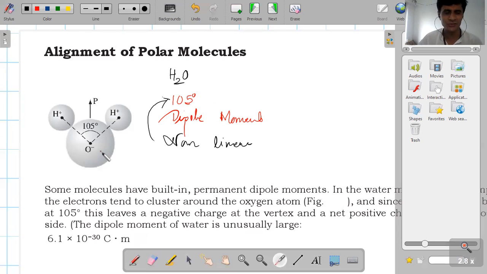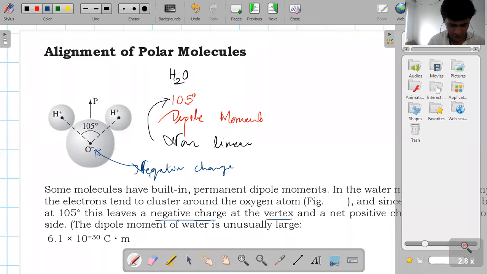In this case, dear student, which type of charge is this? Negative charge. Perfect. This is one more observation: negative charge at the center, at the vertex, and net positive charge at the hydrogens.